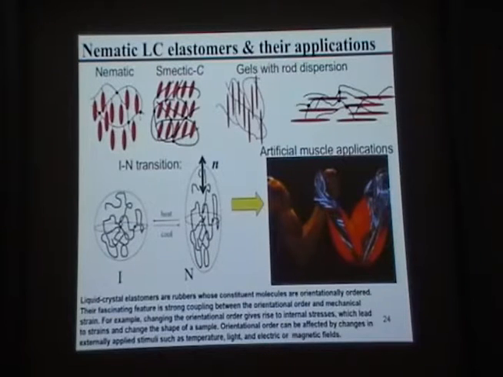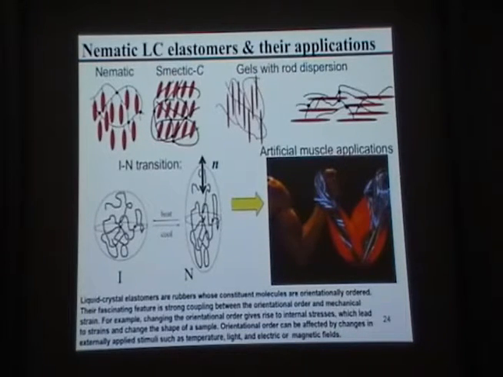And so depending on the phase and depending on the fields that you might apply, the orientation will change, and this will then couple to the mechanical properties, so to the shape, for example. And if you on purpose change the orientation of those molecules in the rubbers, you can utilize such materials for applications such as artificial muscles, for example.